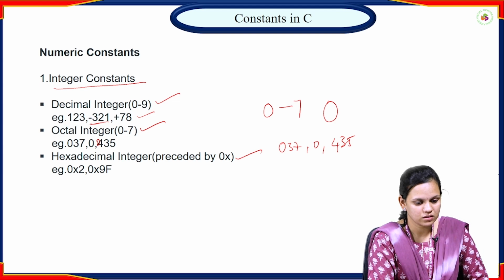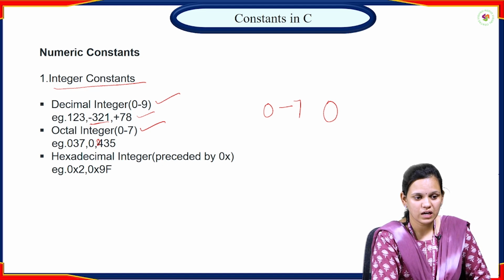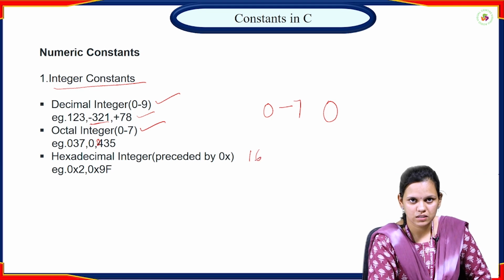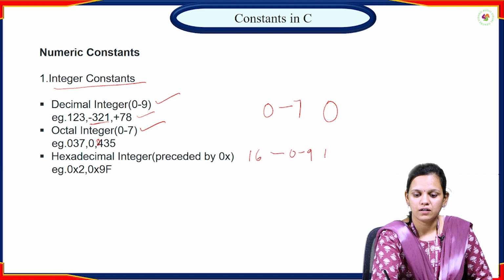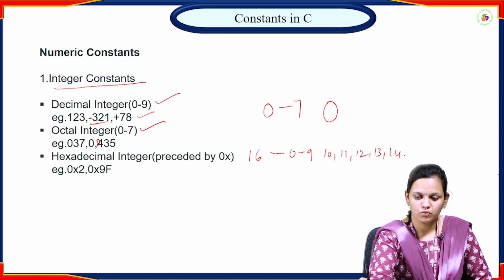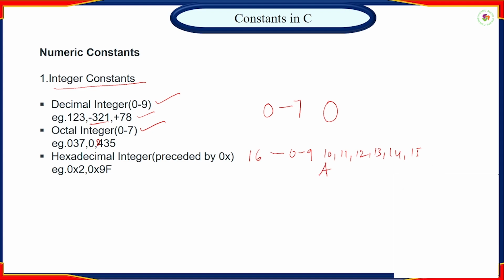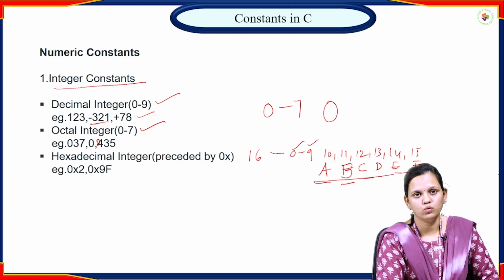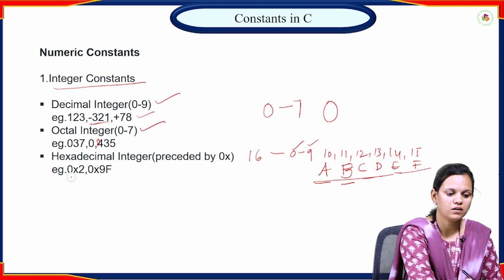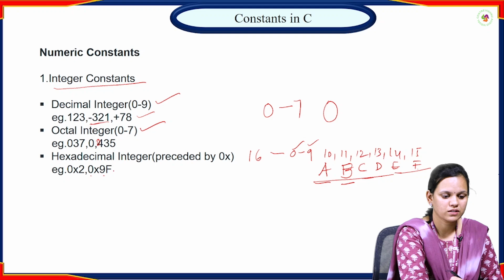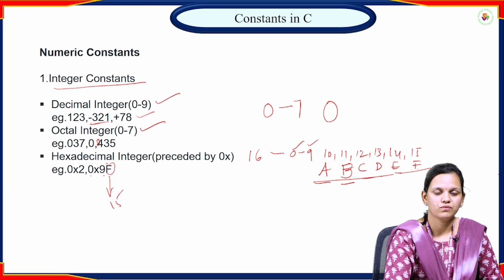Next come hexadecimal integers. In hexadecimal integer constants, we have 16 digits, that is from 0 to 9 and then 10, 11, 12, 13, 14, 15. 10 is considered as A, 11 as B, 12 as C, and then D, E and F. So the hexadecimal integer will be a combination of the digits from 0 to 9 and the letters A to F. Some examples of hexadecimal constants are 0x2 and 0x9f, where the F value is 15.